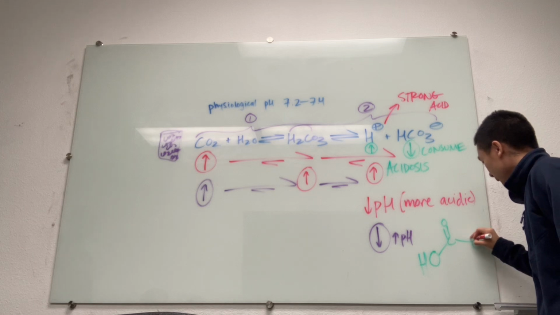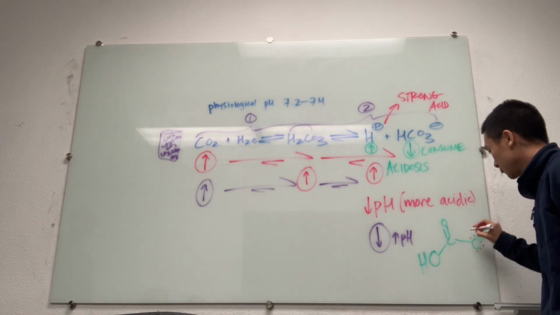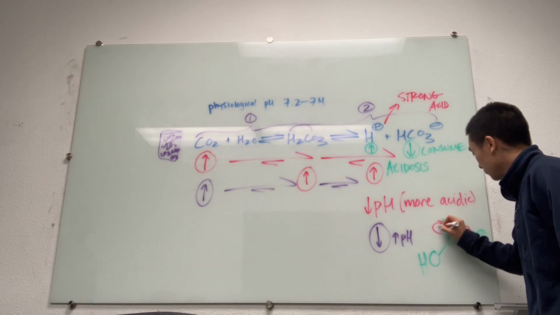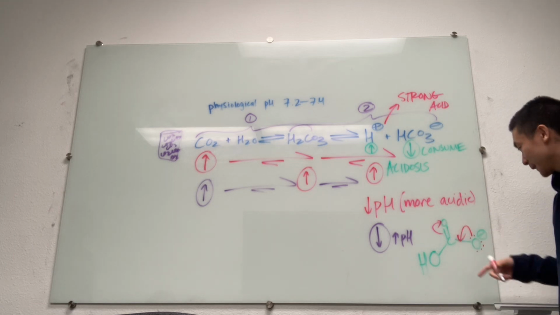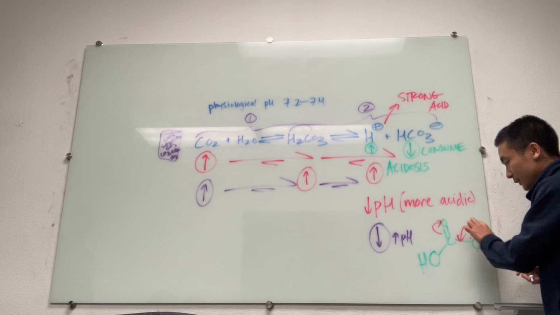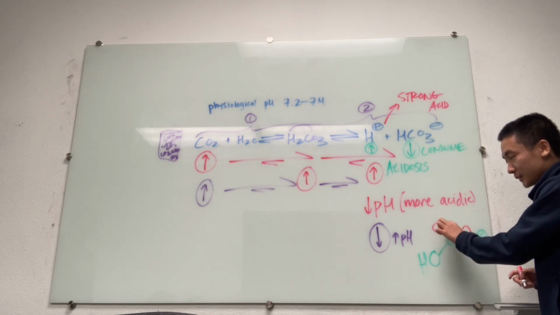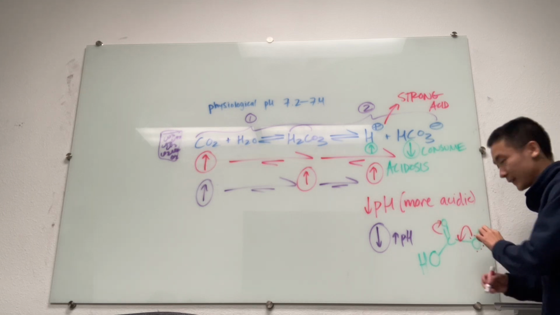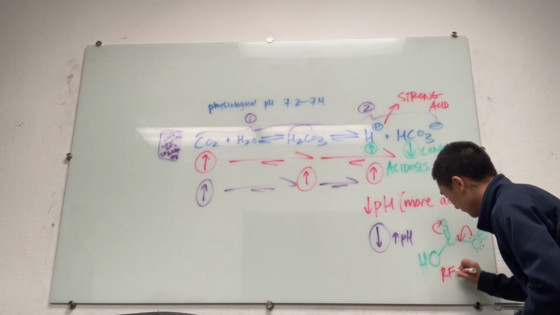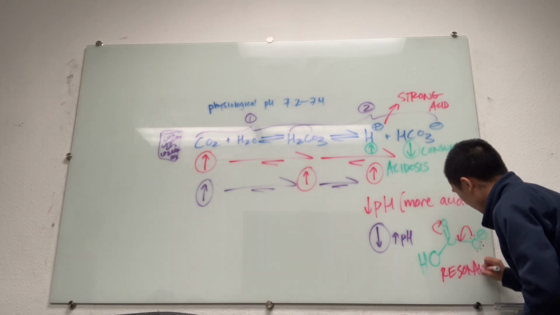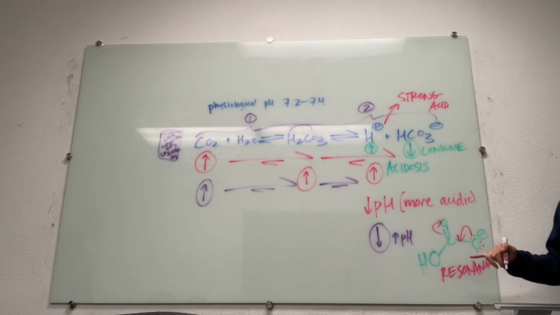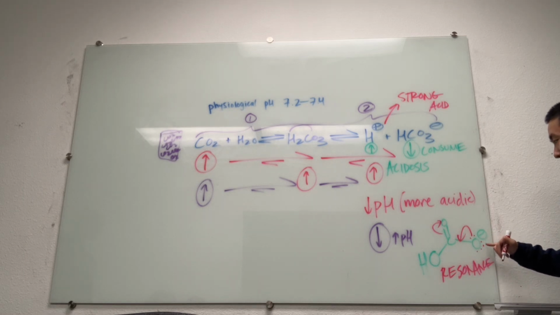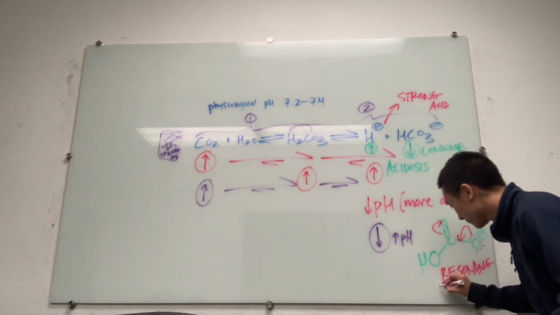This negative charge right here on the oxygen is able to do resonance with the carbon double bond oxygen, right? Because this double bond right here is right next to the negative charge. Whenever you see a double bond next to a negative charge, think of resonance. It gives more breathing room for the negative charge to move around, making it more stable.